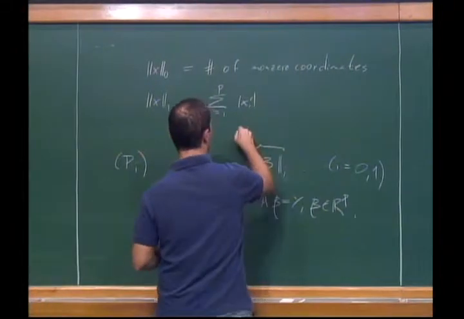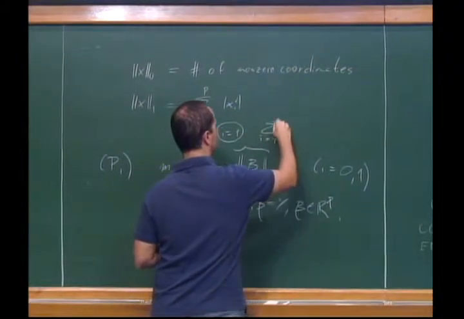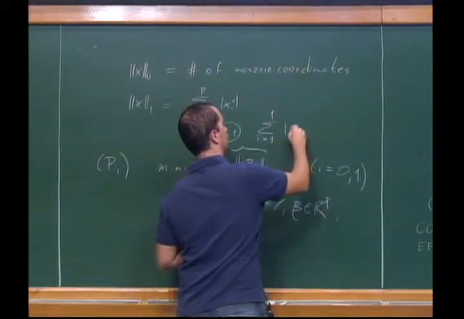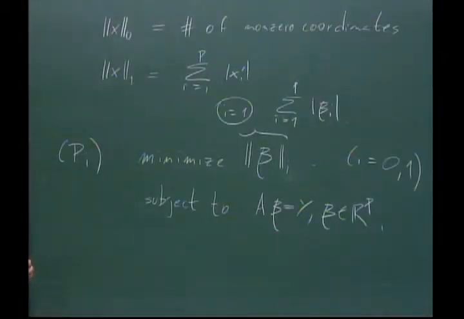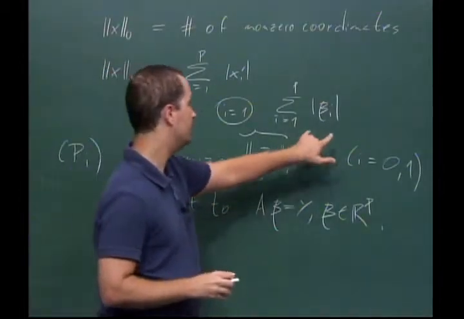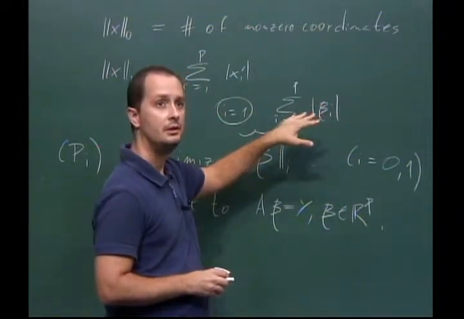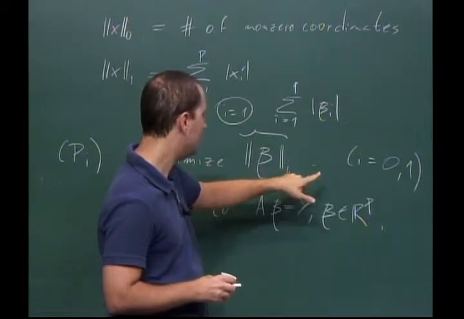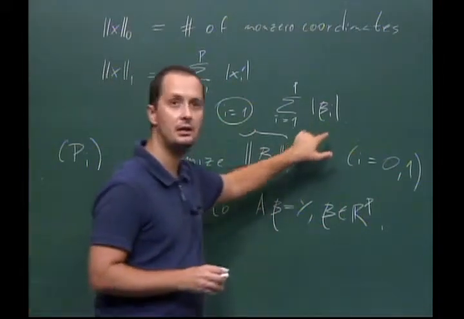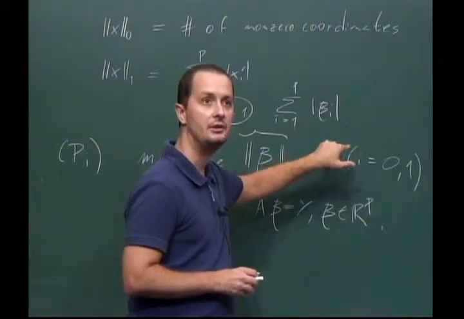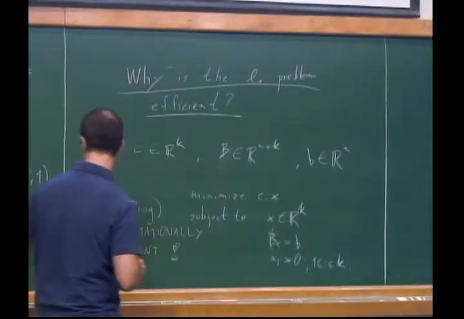For i equals 1, what we're trying to minimize is not a linear function. It's a sum of absolute values here. Even though I claim that somehow P1 is a linear programming problem, that's not entirely obvious because you have this thing here. And we also do not have any constraint that says that the coordinates of beta must be non-negative.